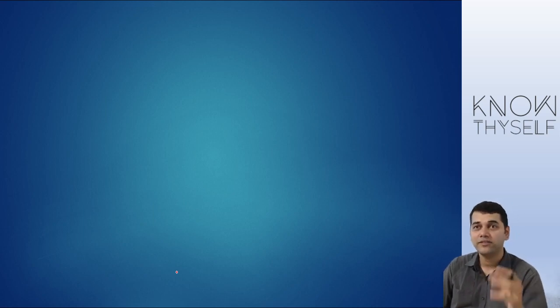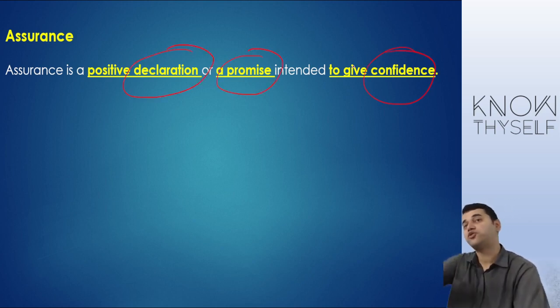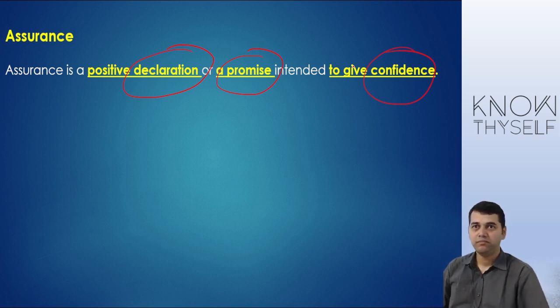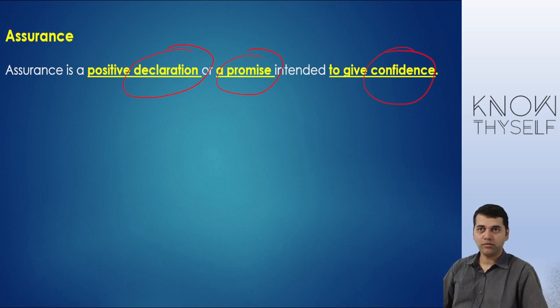Okay, tell me, what is assurance? If we go back to the dictionary meaning, assurance is nothing but a positive declaration or a promise which gives confidence to someone. It is a positive statement or declaration which gives some confidence. You feel happy. You feel assured. Followed, no?